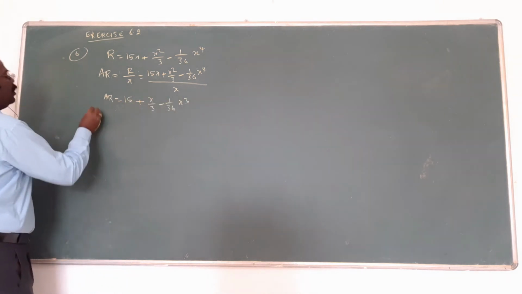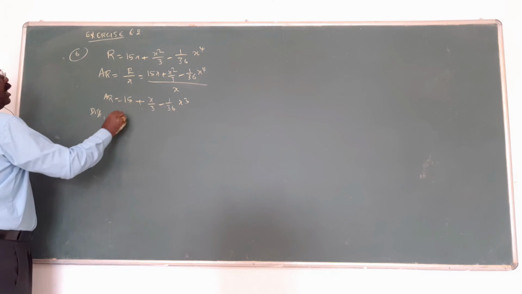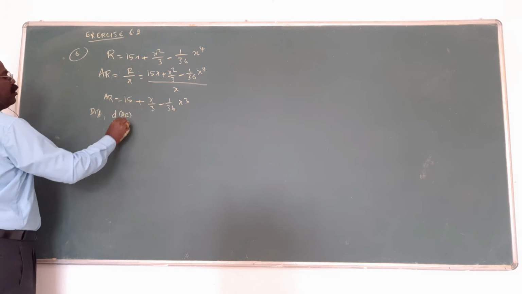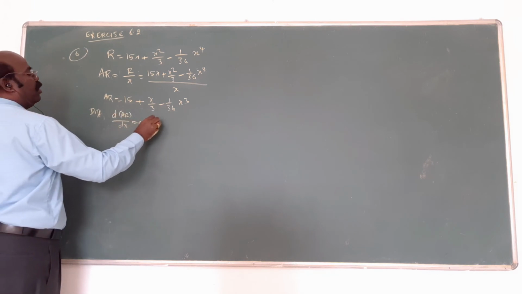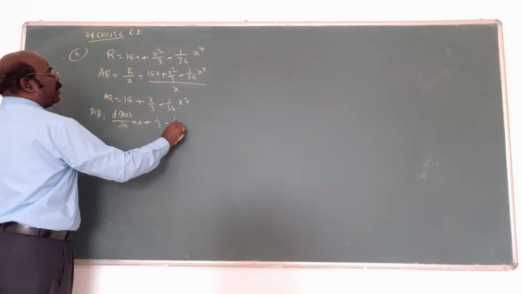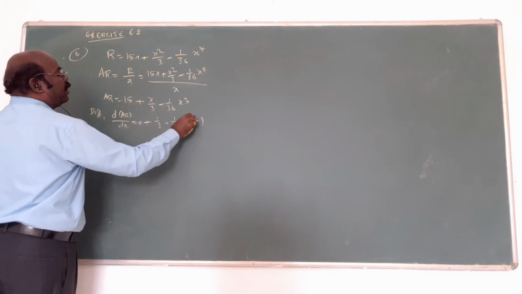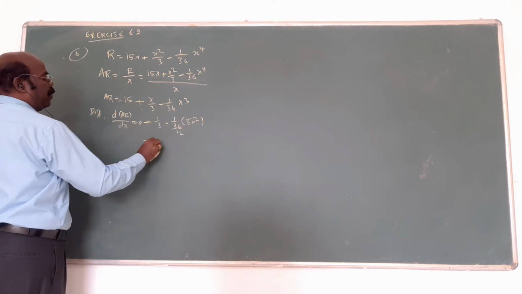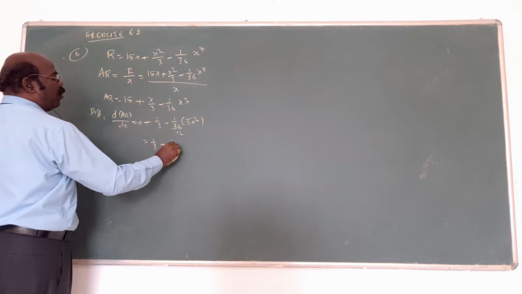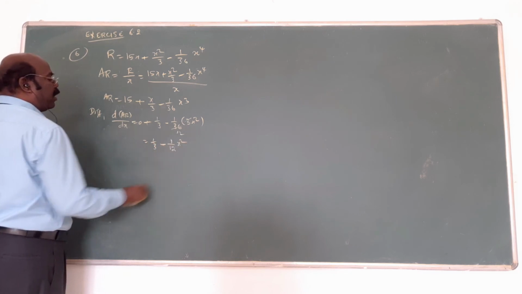This is the average revenue. Now differentiate one time. dAR by dx is equal to 0 plus 1 by 3 minus 1 by 36 into 3x square, cancel, one times 1 by 3 minus 1 by 12 into x square.